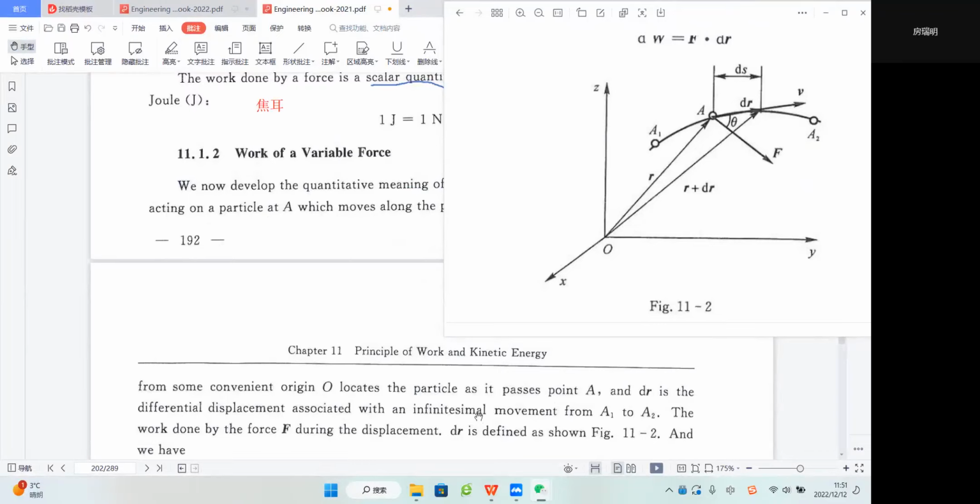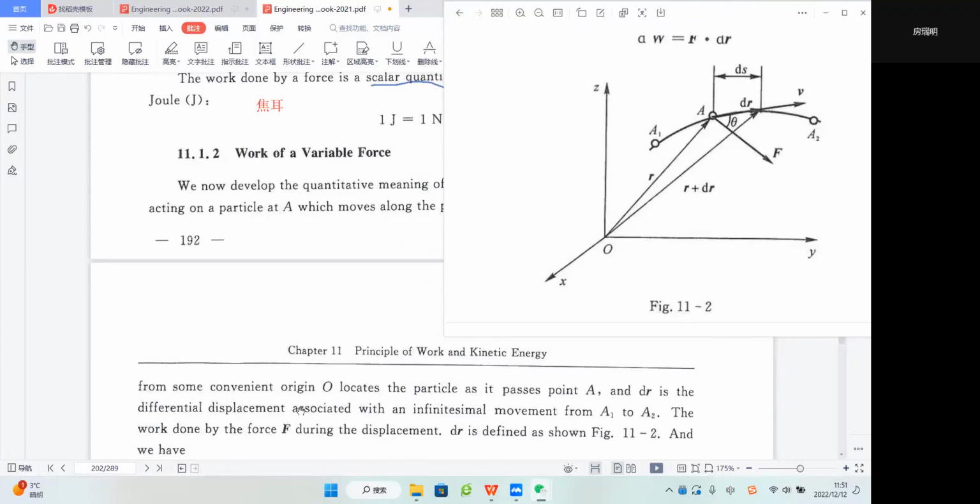Infinitesimal means a very, very small part to study. Why should we do this? Because this part is short enough, we can assume that in this very, very short displacement F will never change its magnitude and direction.